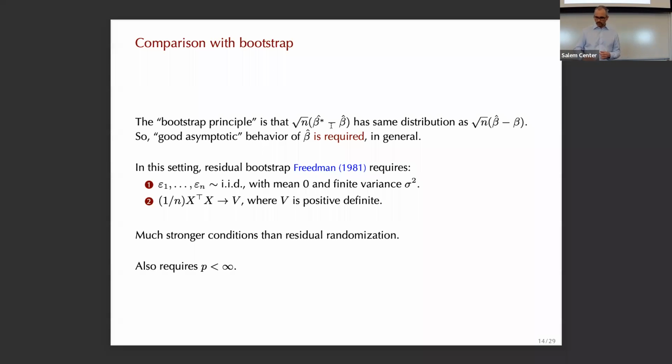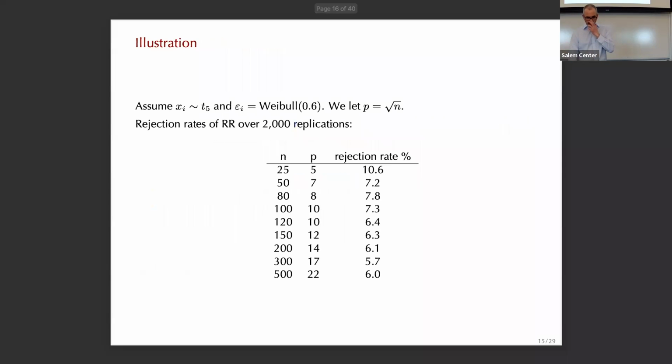Okay, so here's an example that I tried. This is one of the worst examples I could come up with. We have t-distributed X's, a very heavy-tailed error distribution, and I set P to be square root of n. I can keep increasing the dimension of the X's while running residual normalization. You see that it drops down steadily to 5%.